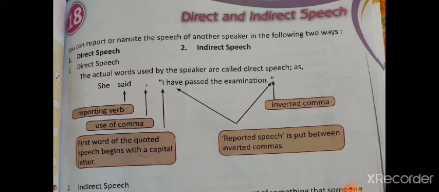So the actual words used by the speaker are called direct speech. The explanation is the words that are said to somebody by somebody else, from one person to another person. He is speaking some direct words.